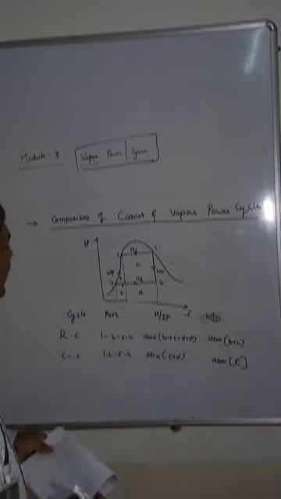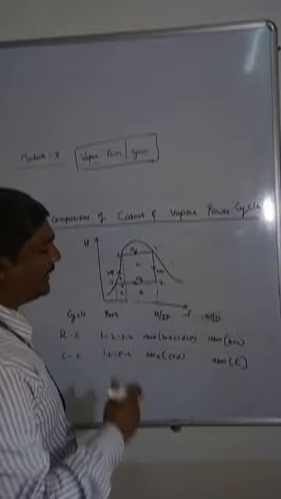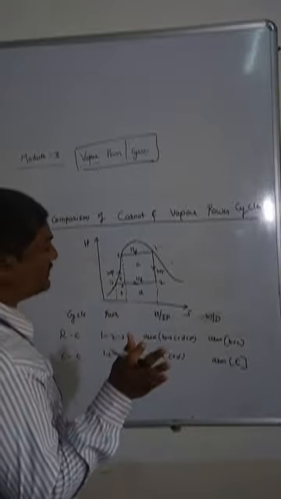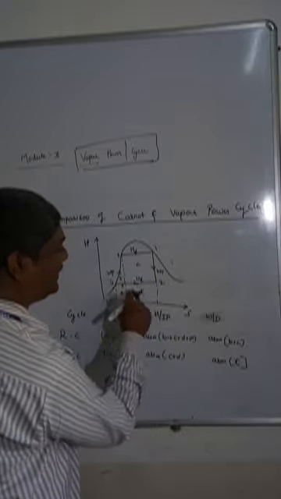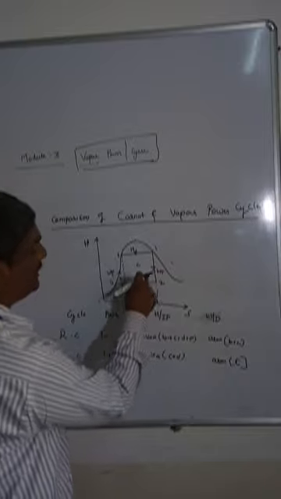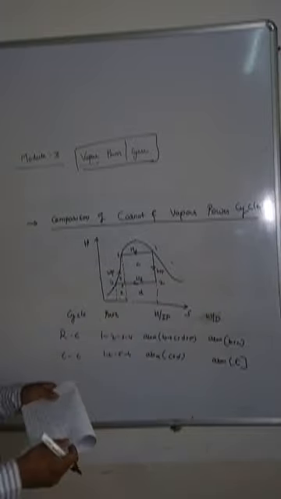Work done you observe also. What is work done? The area in a closed curve. So the closed curve for Rankine cycle is B plus C, and for Carnot cycle it is C. This is how we have to compare.